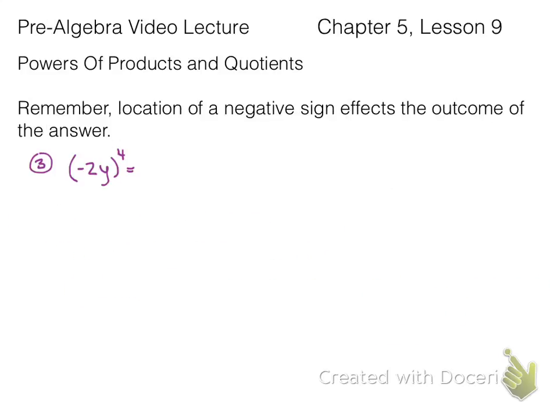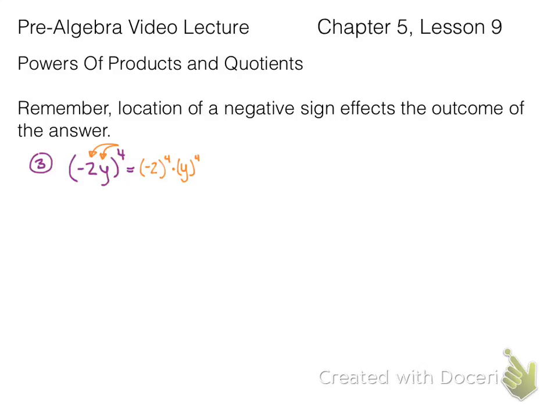All right, next problem, we have negative 2y to the fourth power. So we're going to distribute the 4, which is negative 2 to the fourth power. And see how I keep the negative 2 in parentheses? That's because the negative on the 2 is in the parentheses from the original problem. I will show you another problem in just a minute where the negative is outside and how that can change the answer.